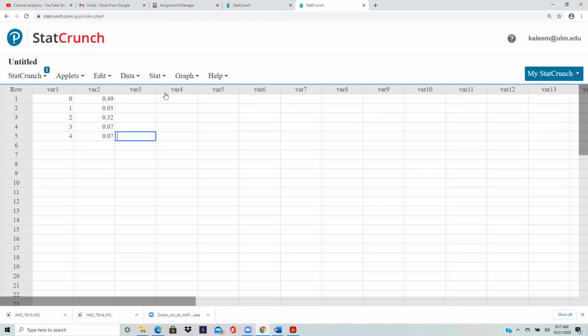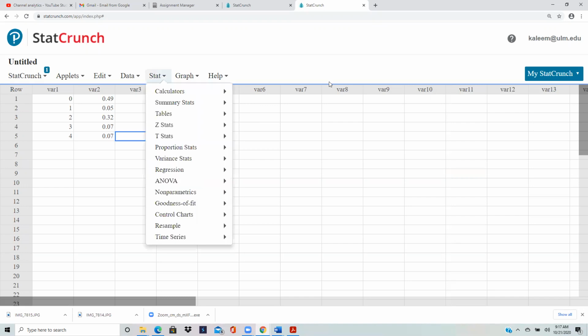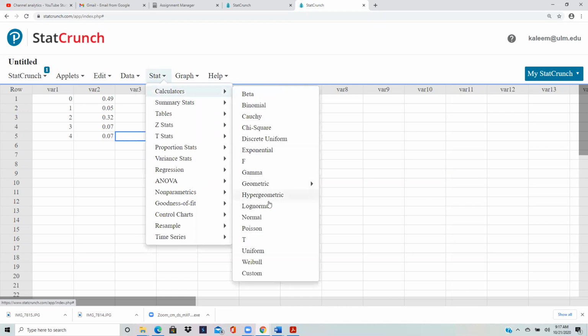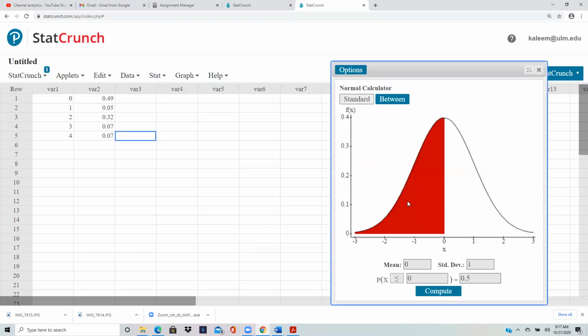Isn't it normal? So stats, calculator, normal. Whenever it's z, the mean is 0 and standard deviation is 1.